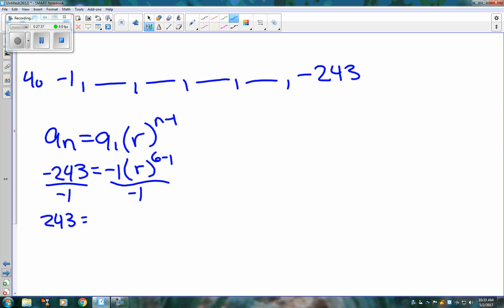243 is equal to r to the 5th power. 5th root, both sides. So r equals what? 3. So the 5th root of 243 is 3. Now I have to find my next terms.